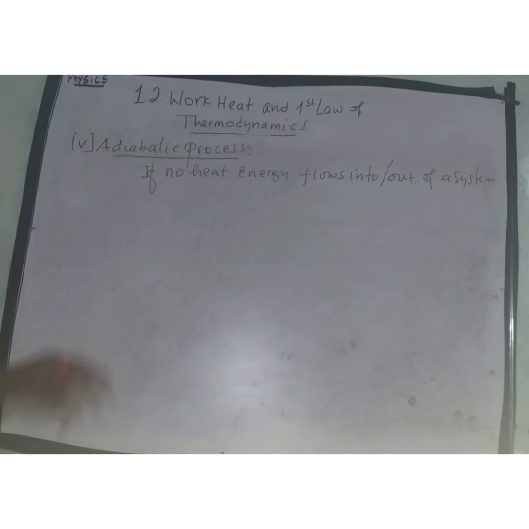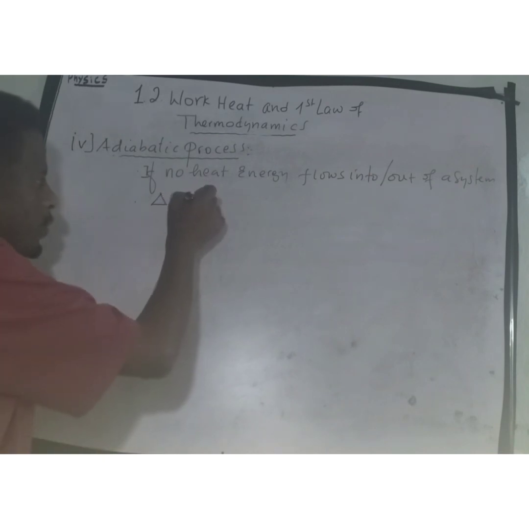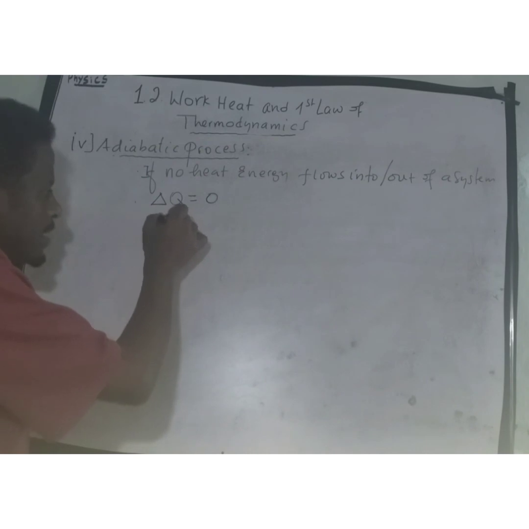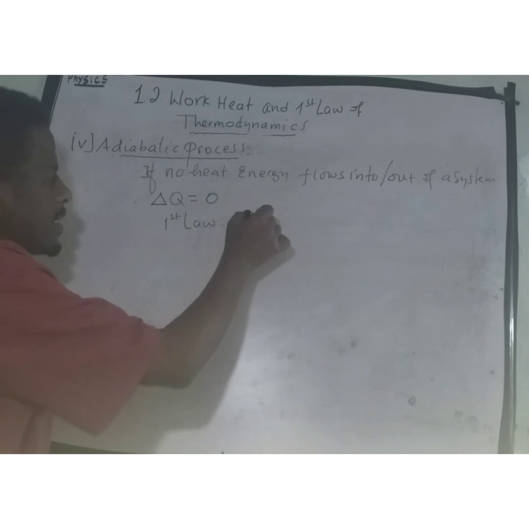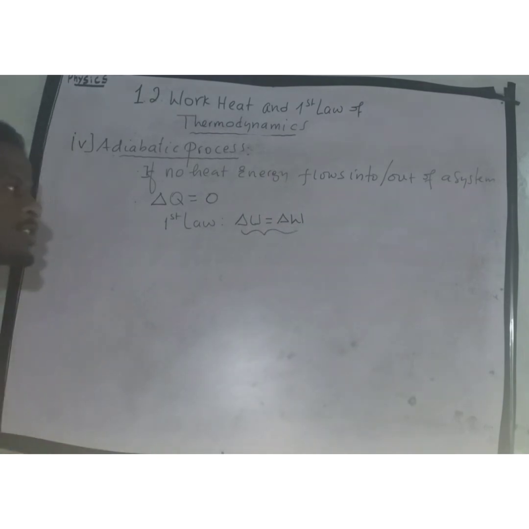For an adiabatic process, there is no change in heat energy. Change in Q becomes 0. Therefore, the first law can be written as increase in the internal energy equals work done on a system. This is the first law of thermodynamics for an adiabatic process.